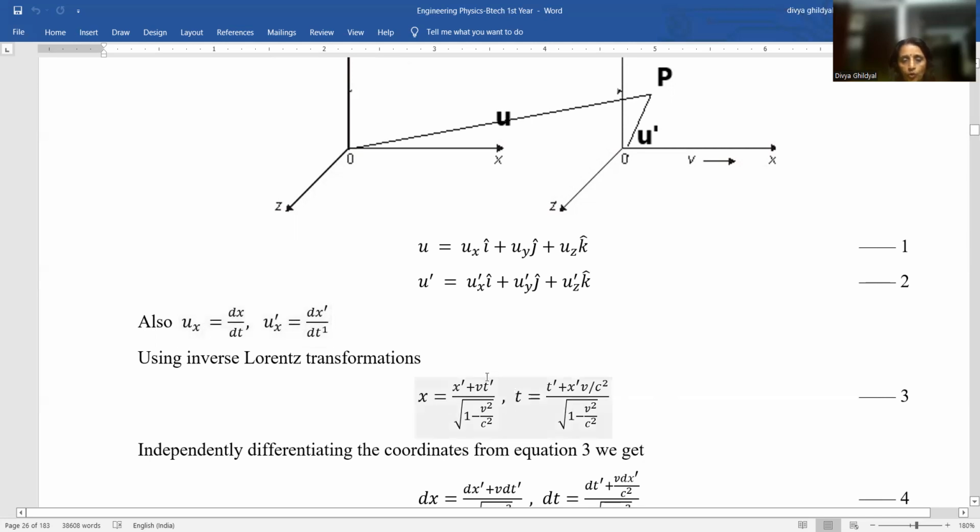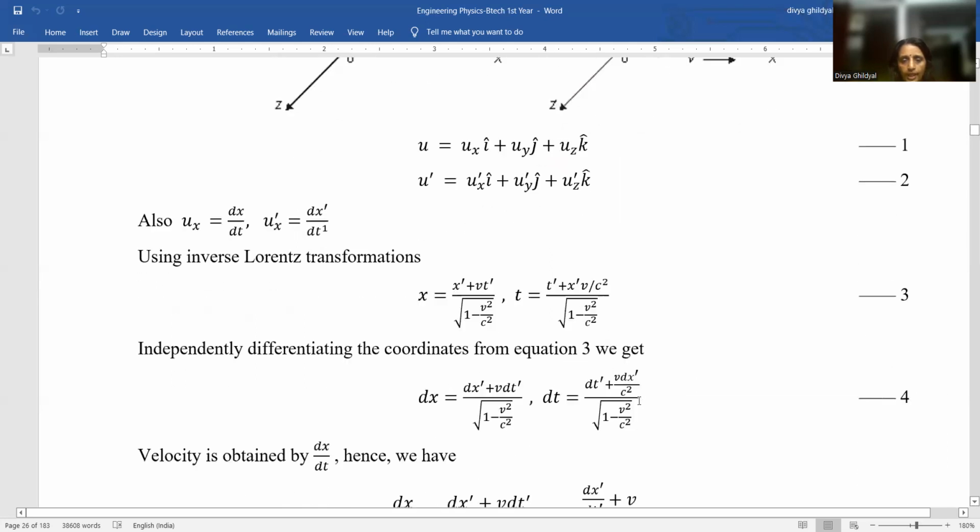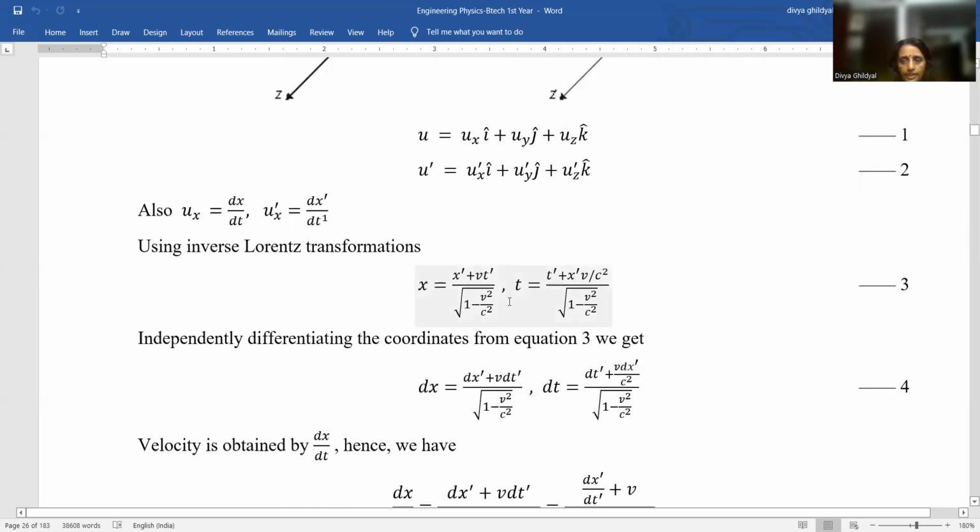Now, from Lorentz transformation equations, in the inverse frame, we know that x is equal to (x dash plus vt dash) upon under root 1 minus v square by c square, and time t is equal to (t dash plus x dash v by c square) upon under root 1 minus v square by c square.